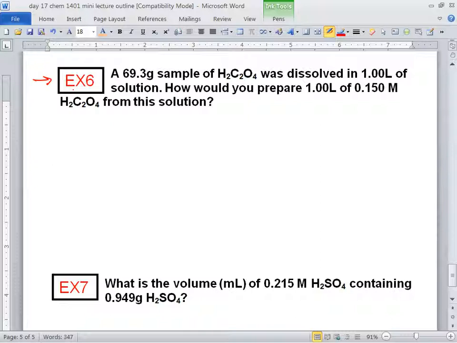So try EX6. And Manuel's right, this is going to be a two-part problem. I think it's the toughest problem that you're going to face.